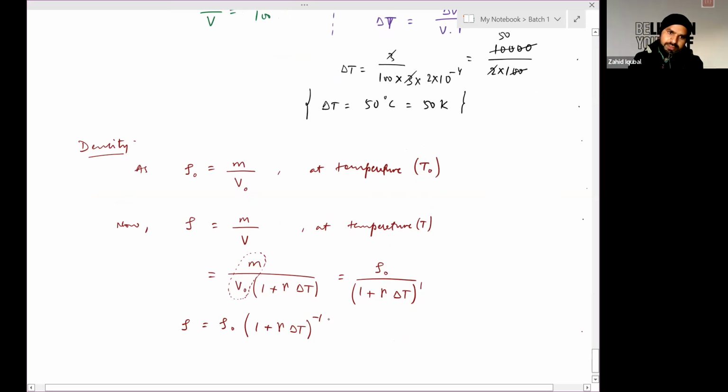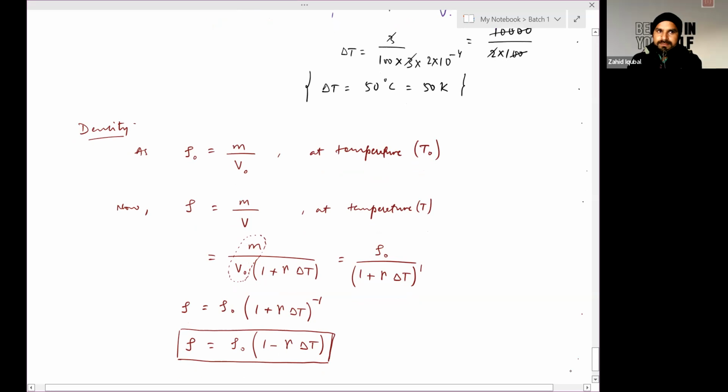Using binomial expansion, this exponent gets multiplied with its coefficient, so it becomes rho equals rho naught (1 minus gamma delta T). So from this expression, on increasing temperature, volume will increase, so density will decrease. It means density decreases on increasing temperature.